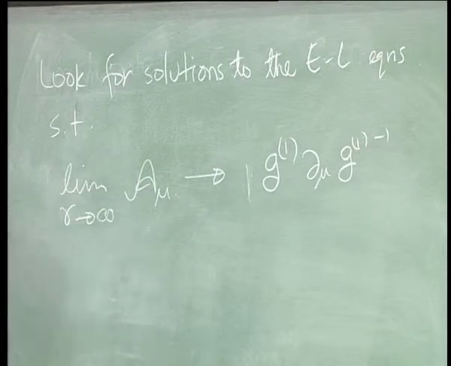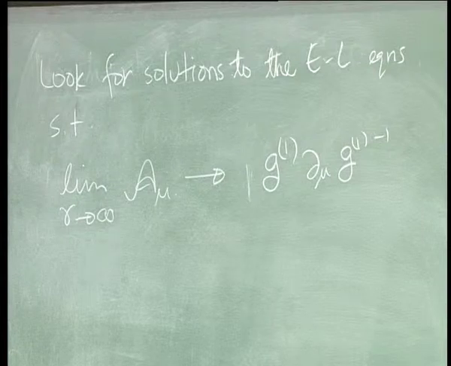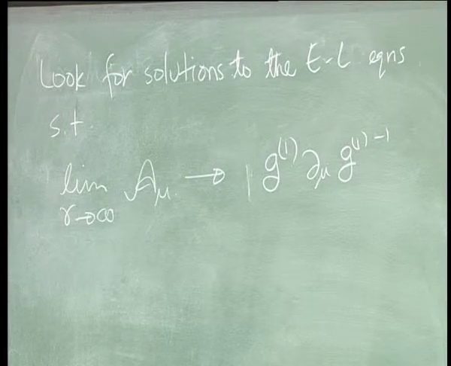I am just choosing, for concreteness, the winding number 1 example. So this is what we want to do, and you just go ahead and choose an ansatz for it.